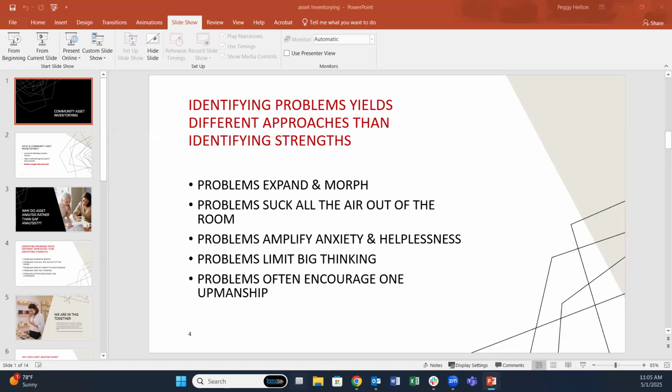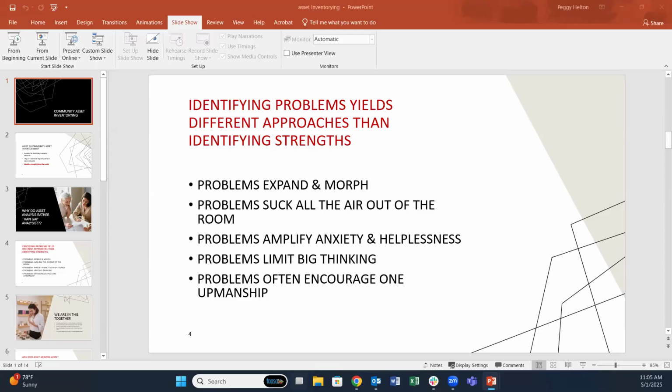So identifying problems tends to yield different approaches than when you identify strengths. One of the things that we know is that problems tend to expand and morph. Think back to any of the past planning processes you've been involved with: you'll start with a problem, and that problem turns into 3 other problems, and that turns into 6 other problems, and it can get really unwieldy very quick.